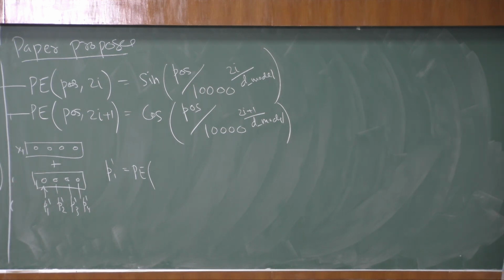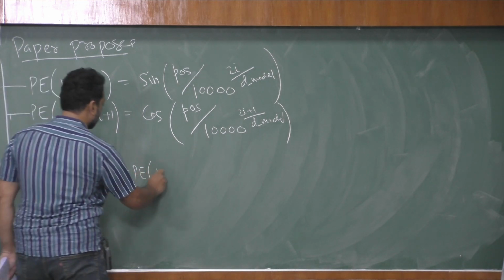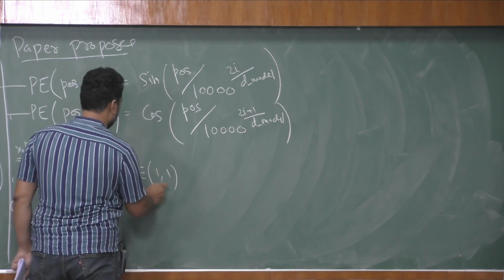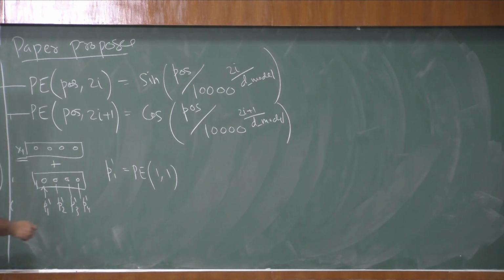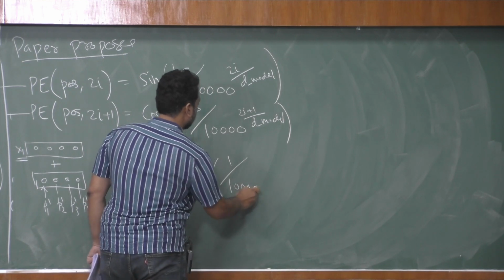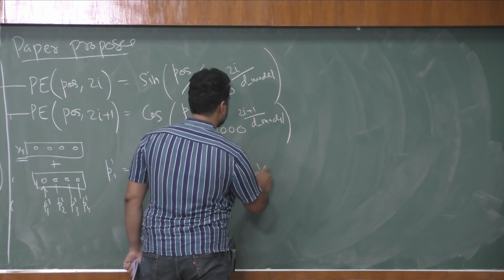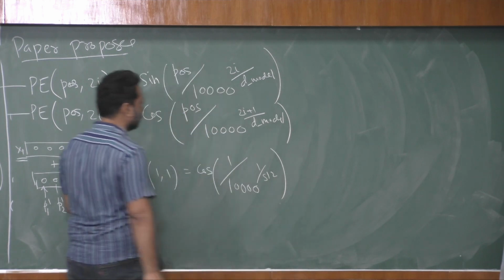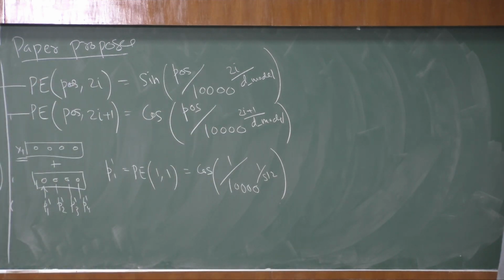So if I is 0, then I get the 1, and the position is 1 because that's the first entry in the sequence. So this gives me p11, and that will be given by the cosine of 1 by, with I as 0, 1 by D model, which is 512. In the original paper, D model was 512. So this will give you some number: cosine of 1 divided by 10,000 to the appropriate root.